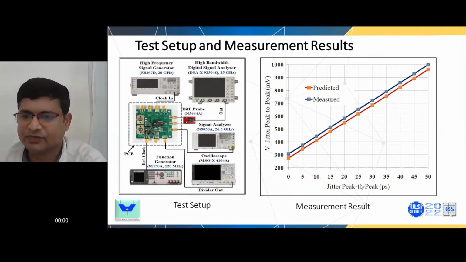Up to 50 picosecond we have measured. So it's actually calibrated. Based on this value, this voltage is calibrated with the peak-to-peak jitter. So once we measure the voltage, we can actually calculate the peak-to-peak jitter.